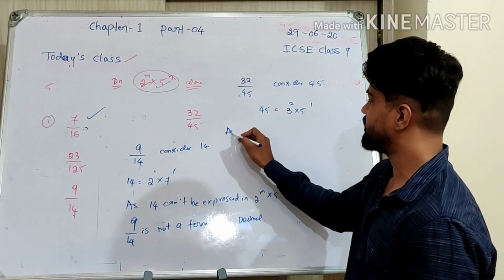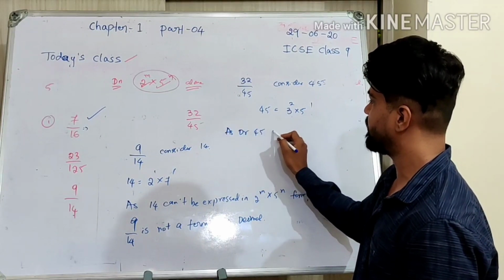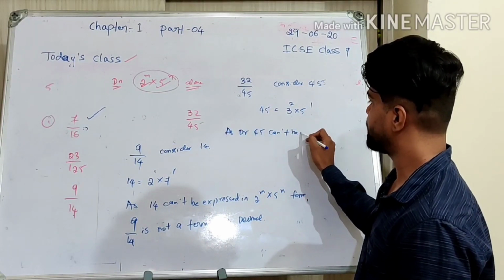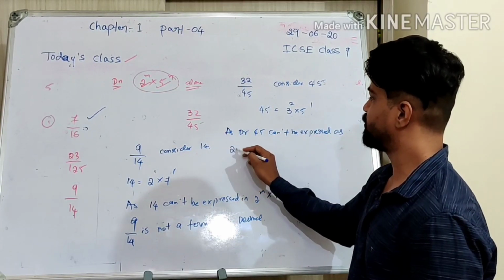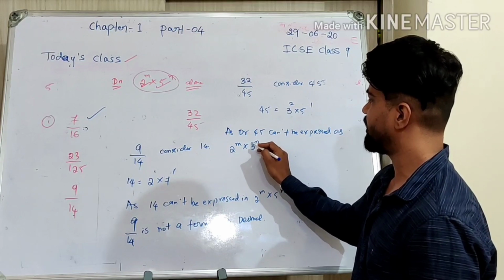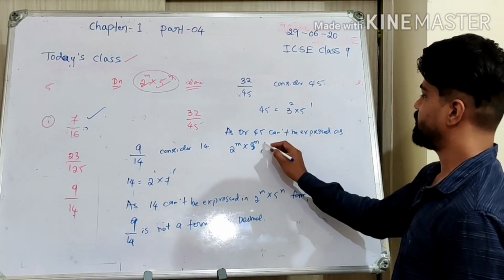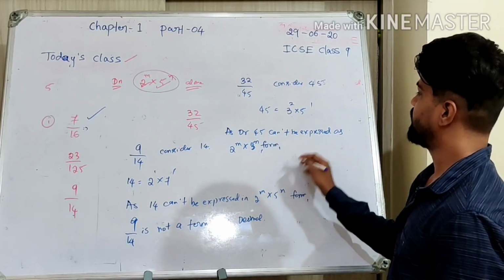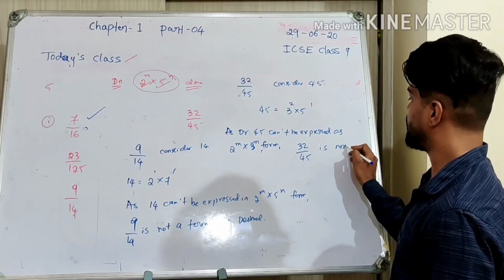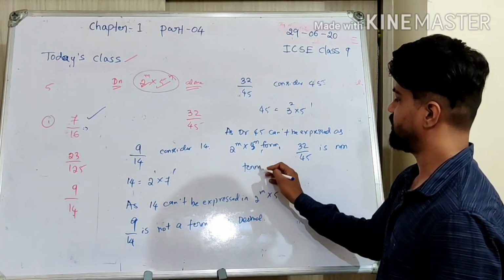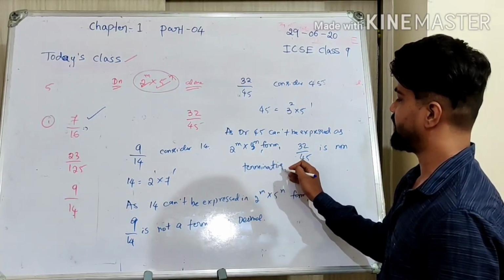Okay, as the denominator 45 can't be expressed in 2 power m into 5 power n form, I can say 32 by 45 is a non-terminating decimal. Non-terminating but recurring decimal.